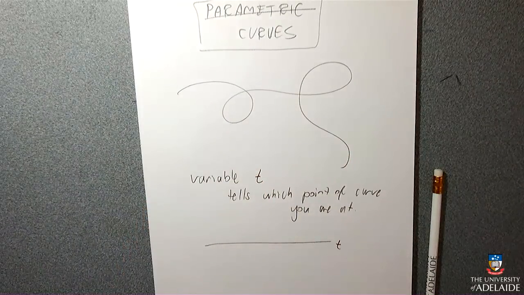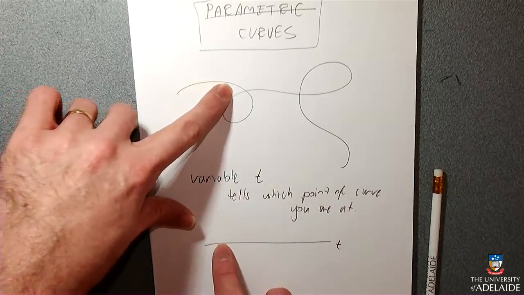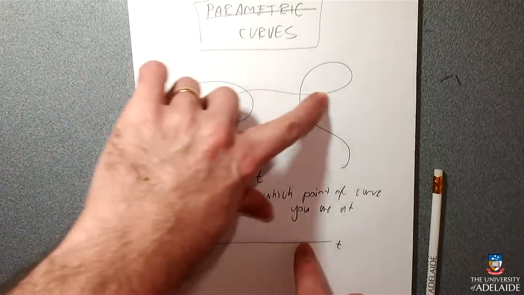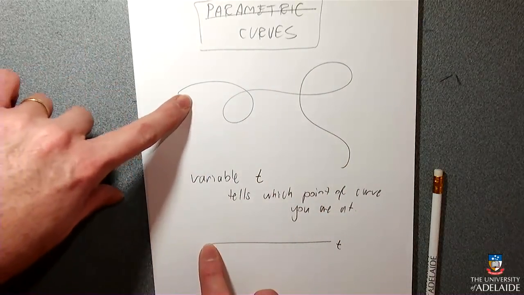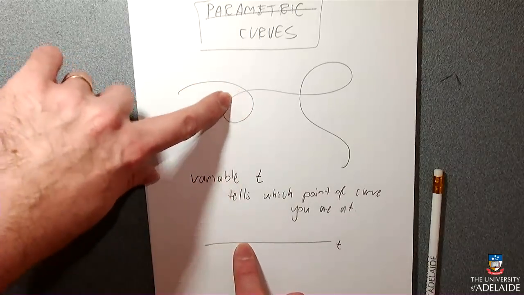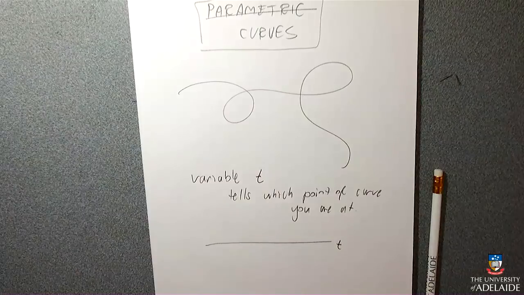It might be that you're moving faster at some places than others. So when you're here, it's going pretty slowly along the curve, and then it goes really quick. If this is supposed to go along at the same speed, it might go at different speeds in different places.